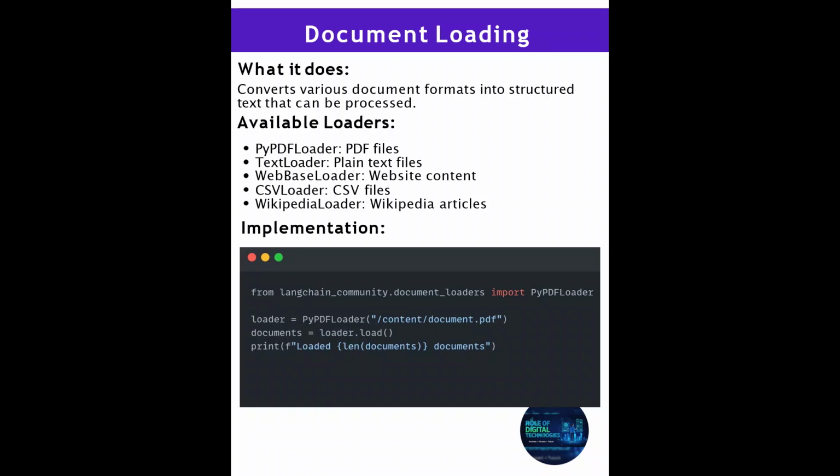It is simple syntax from langchain_community.document_loaders, import PyPDFLoader for PDF. Then you say loader equals PyPDFLoader and you give the path of the document. documents equals loader.load, it can load the document, and print the loaded documents. You can also see this.